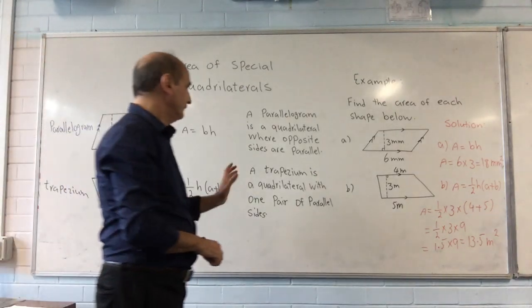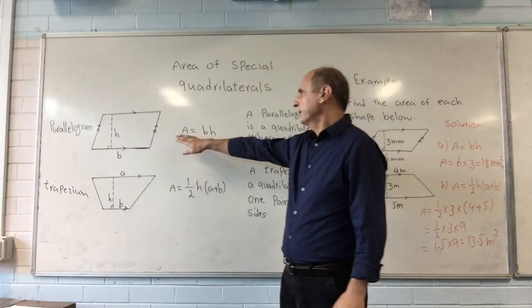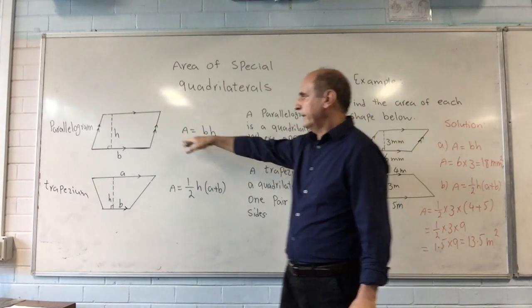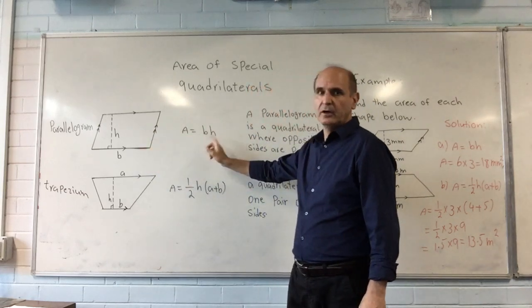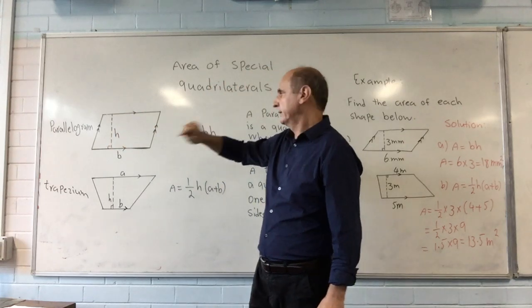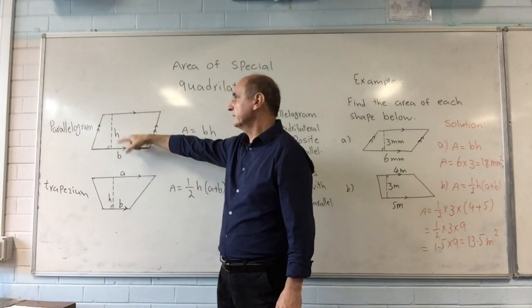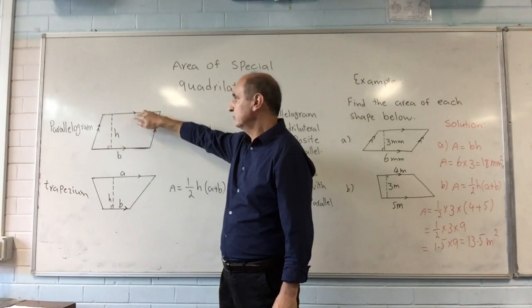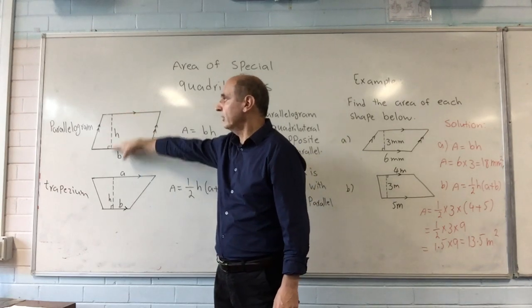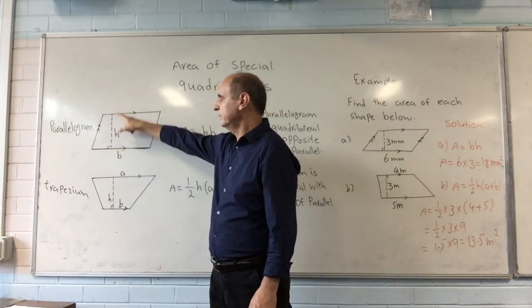Alright, now we know the definitions. The formula for the area of a parallelogram is base times height. That's the base and that's the height. Height tells you how far apart the two opposite parallel sides are, and you multiply one of the bases by the height.